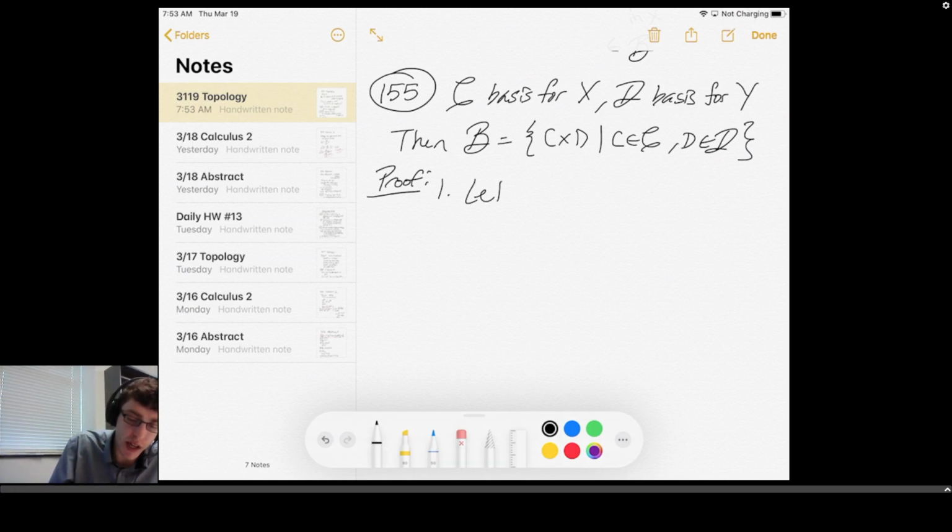So if we take a general point in our Cartesian product, then we know individually that there's some basis element of X containing little x.